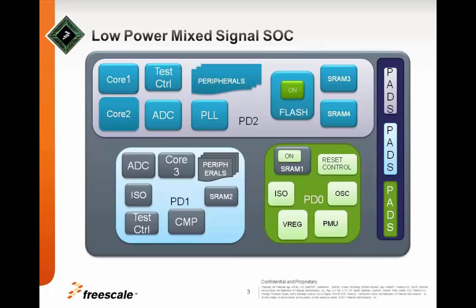Then we also have a low power run mode in which only the high performance PD2 domain is switched off, whereas the low power PD1 domain and the PD0 domain are active. So thus there are multiple low power modes which are supported by the design and the associated mode transitions.